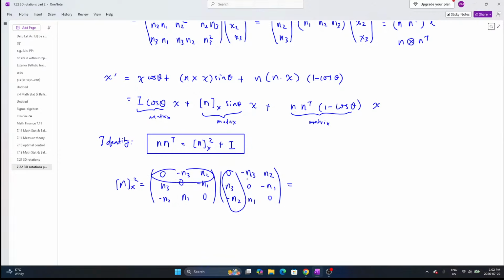Times column minus n3 squared minus n2 squared. n1, n2. n1, n3.